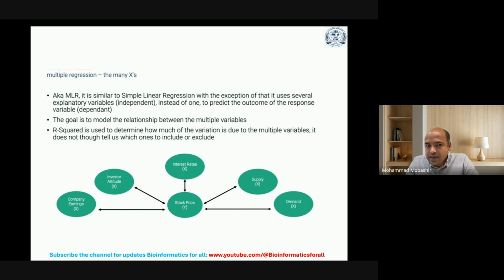The goal is to model the relationship between multiple variables, both independent and dependent, and the independent variables could be many, more than two. This is an example where you can implement MLR, or multiple linear regression.